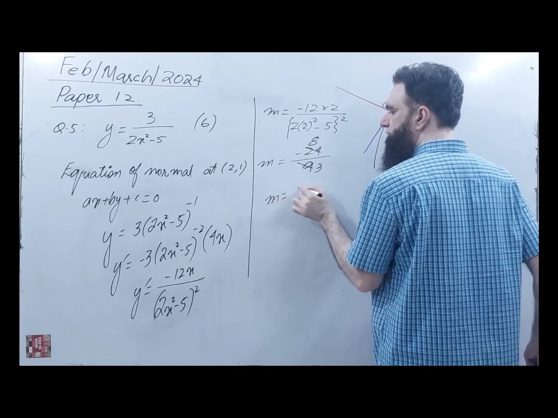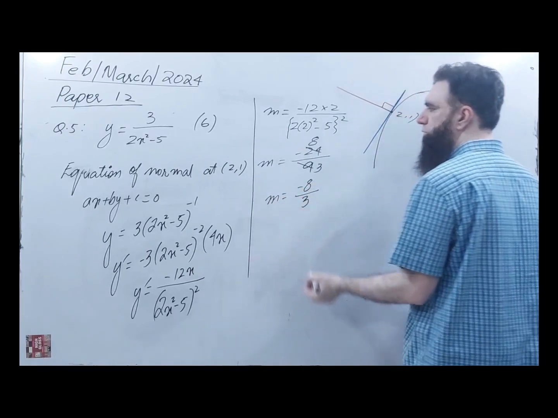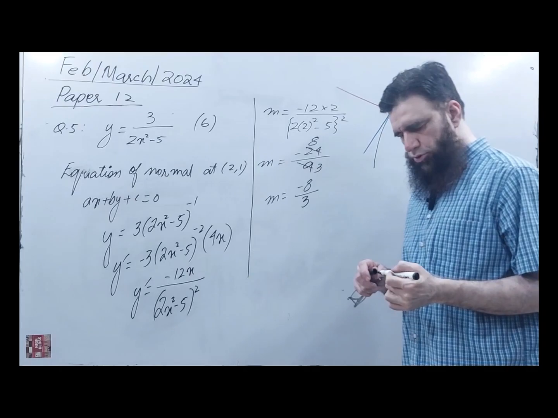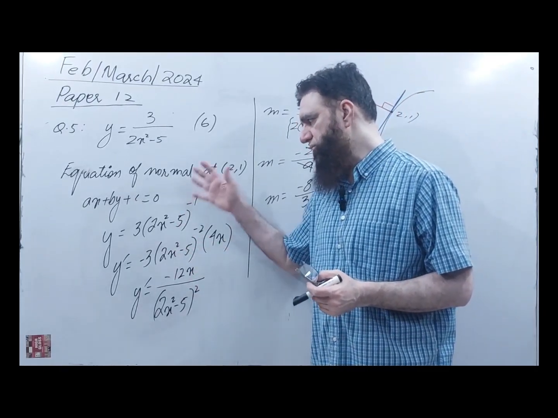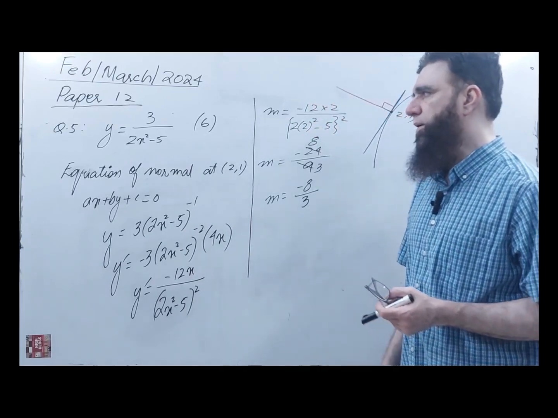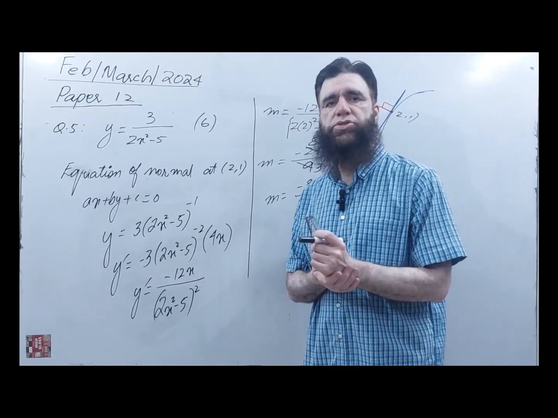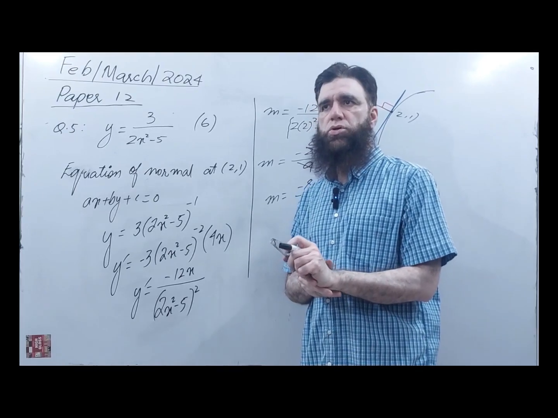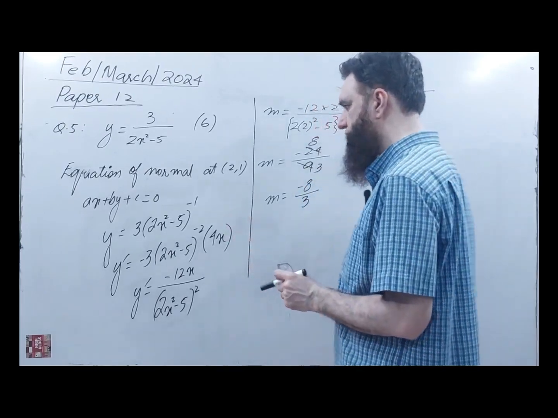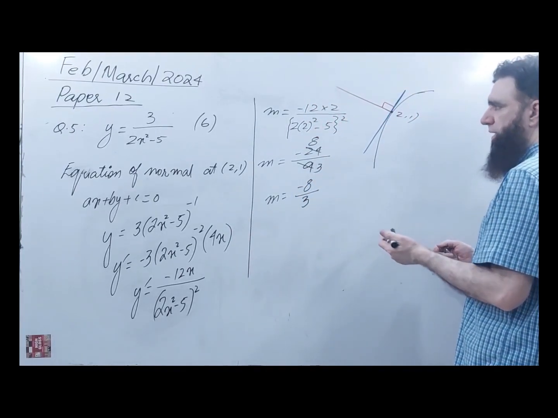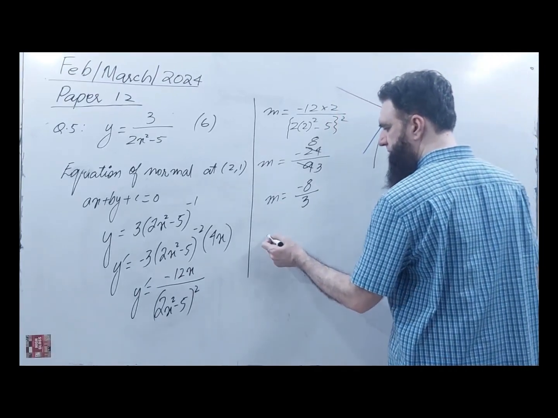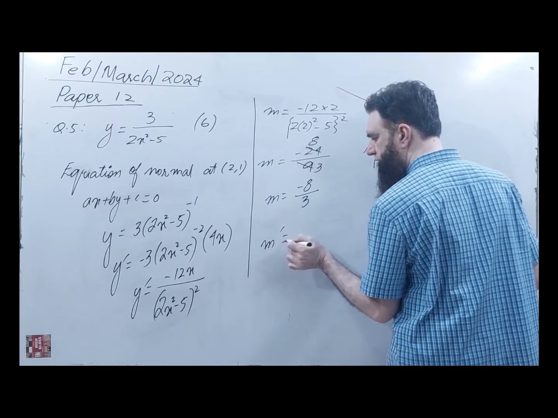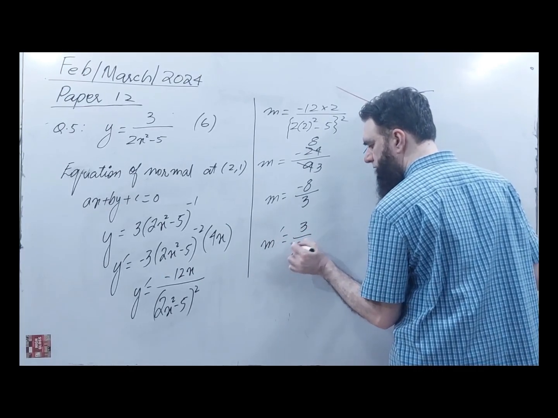So the gradient of the tangent is minus 8 upon 3. I've already told you, look for the numerical errors that I might commit while solving this. I'm trying my best not to commit any mistake numerically. There is no conceptual misunderstanding, inshallah. But check for the numerical errors for yourself. So this is m. The gradient of the normal will be 3 upon 8.